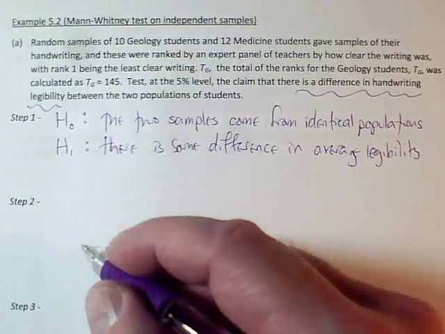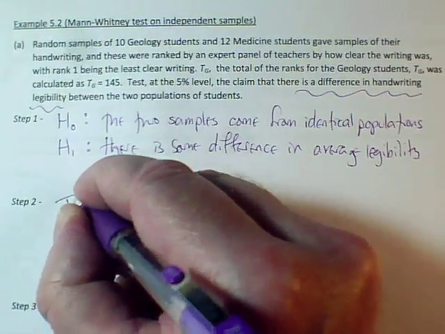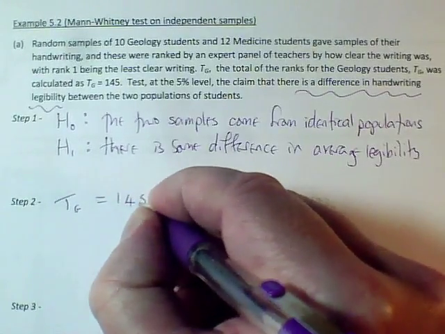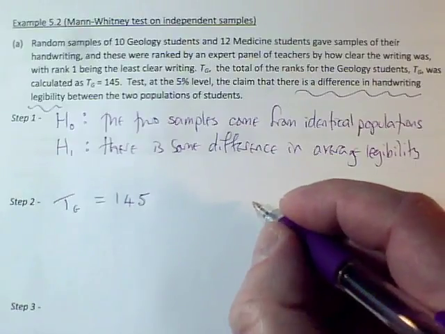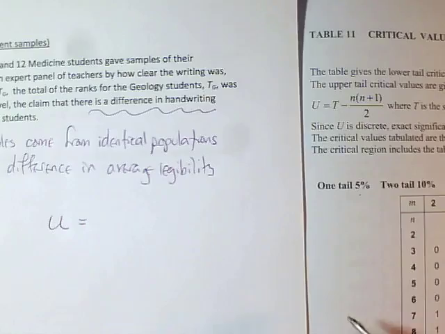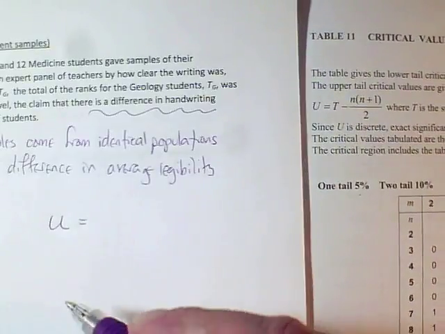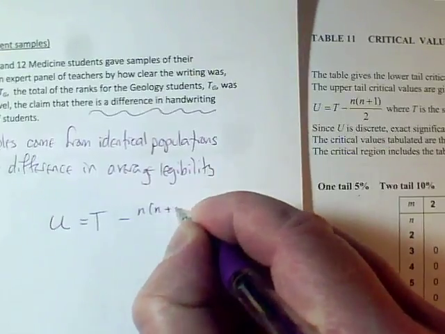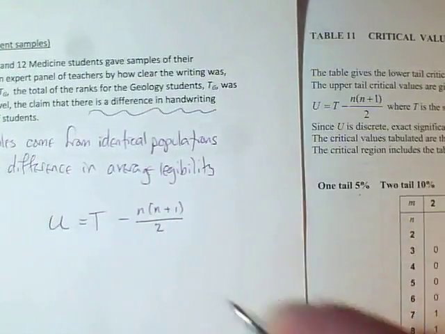On to calculating the test statistic, and I can start from the fact that the total of the geology ranks is 145. Now the Mann-Whitney formula from the formula book for working out U is T minus n(n plus 1)/2.